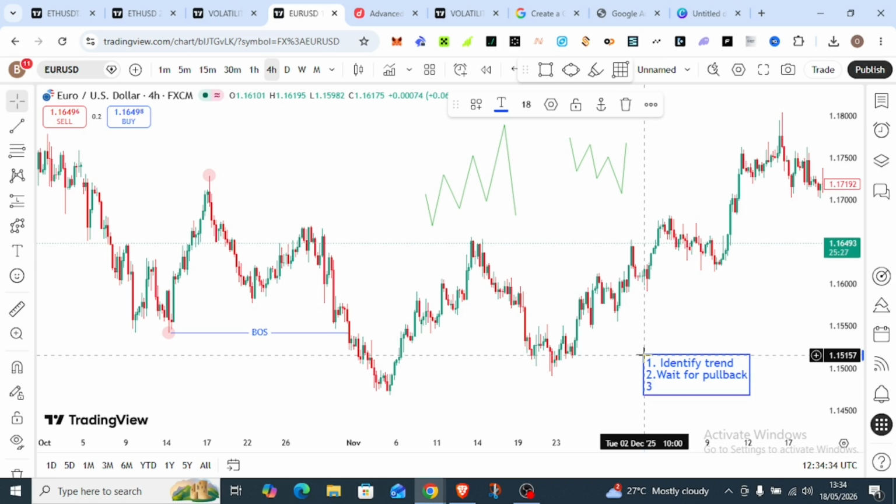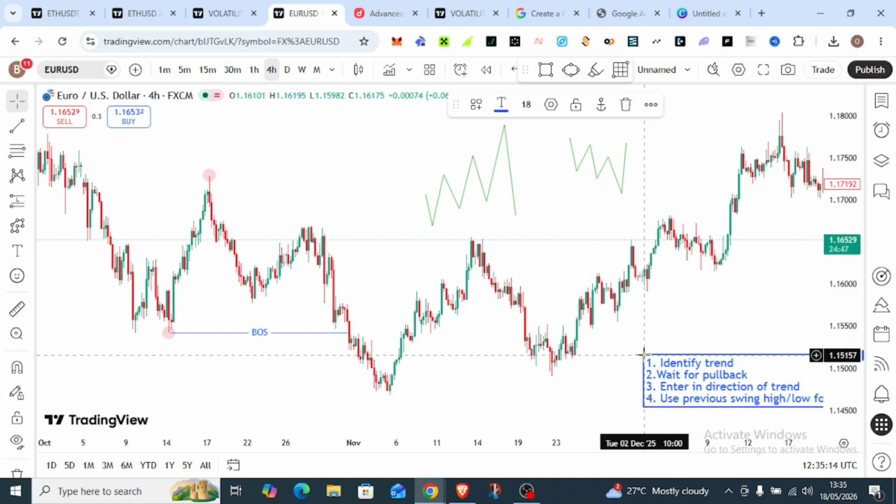Number 3, enter in direction of trend. Number 4, use previous swing high or low for stop loss.